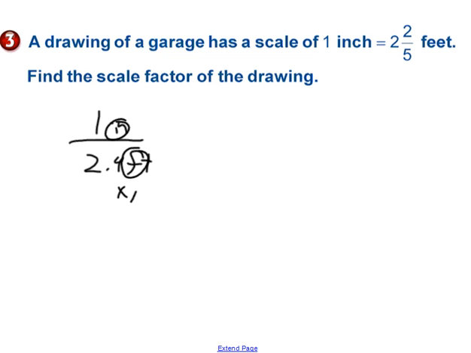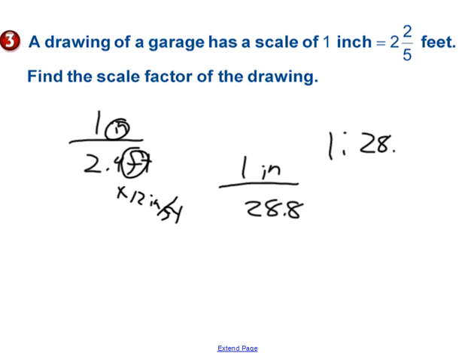So I'm going to take my denominator times 12 inches per foot. 12 times 2.4 would be 24, plus 4.8 would be 28.8. 1 inch is to 28.8, or 1 to 28.8. That's my scale factor here.